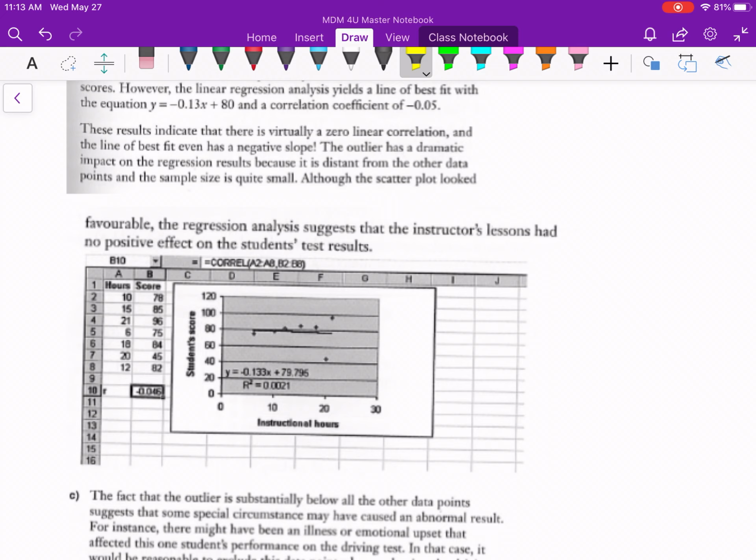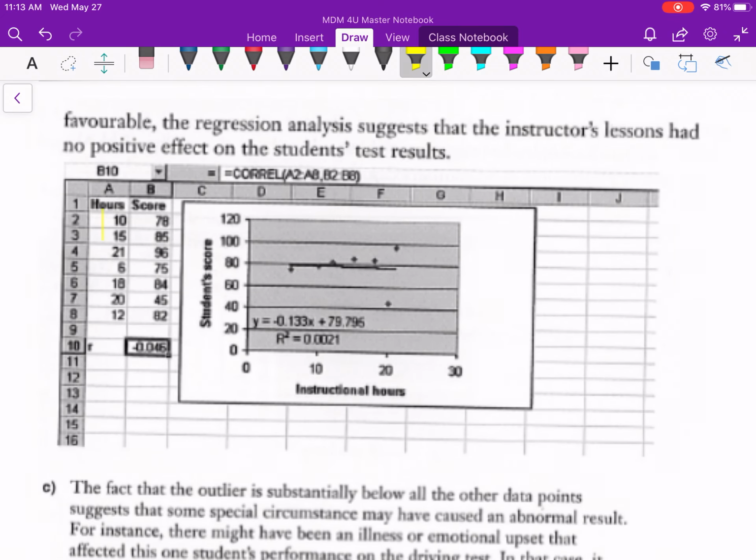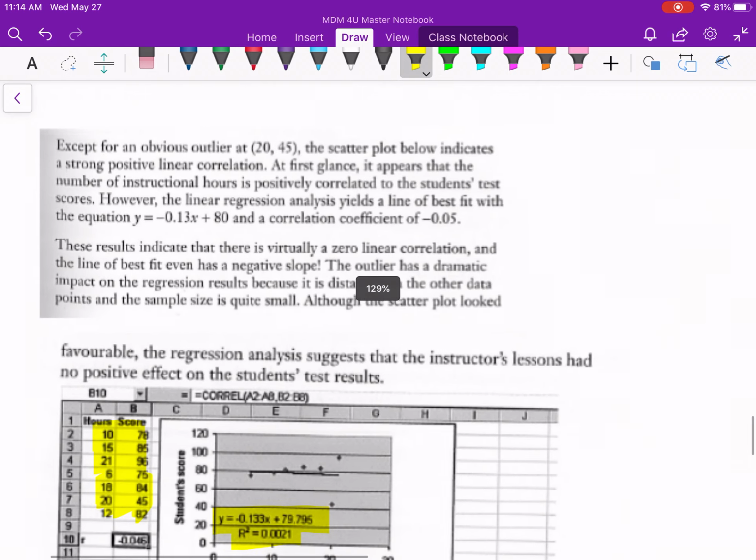Spreadsheets will calculate these things for you. To help you interpret it, that information was entered here, and then it plotted the graph, and it also came up with the equation of the line of best fit there. I'll come back to that.